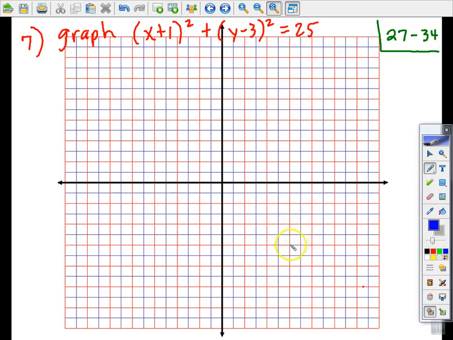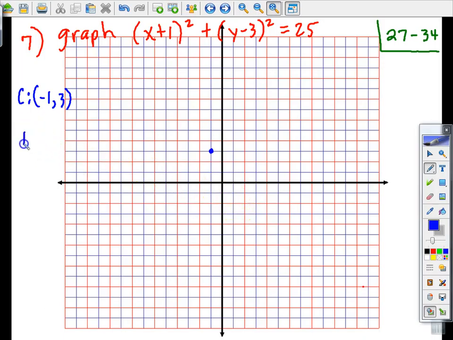Okay, graphing circles is really pretty simple. I need two things. I need the center and I need the radius. And then from there, it's pretty easy to sketch the graph. So hopefully you know by now that the center of this circle is going to be -1, that's h, and +3. That's k. So let's plot that center.